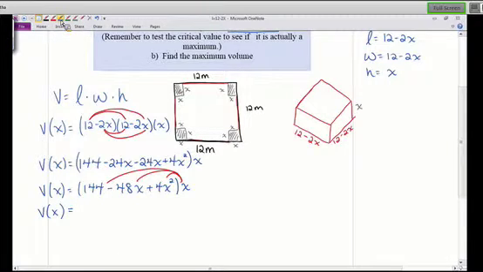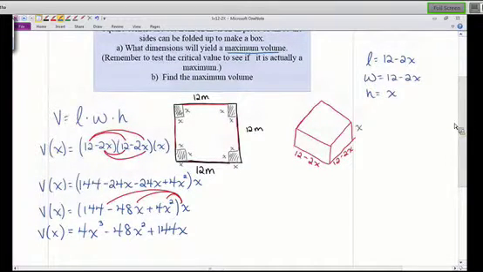It's important that you express your function in descending order. Therefore, I'm going to write this as 4x to the power of 3 minus 48x squared plus 144x. And that's our volume function. Any questions so far? I have not even answered part A yet.